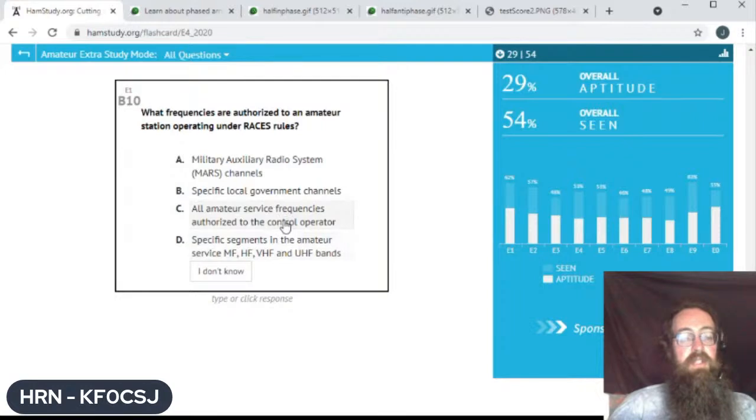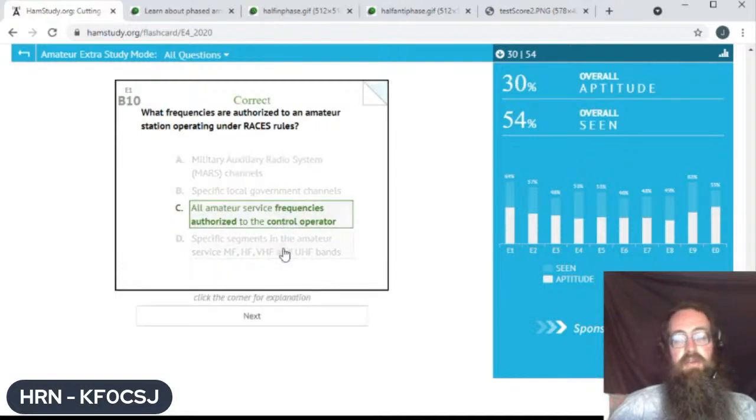D. Specific segments in the amateur service, MF, HF, VHF, and UHF. Whether you're operating under RACES, ARES, or doing stuff for contests, everything is determined by what your license says you can do. So I'm going to go with C.